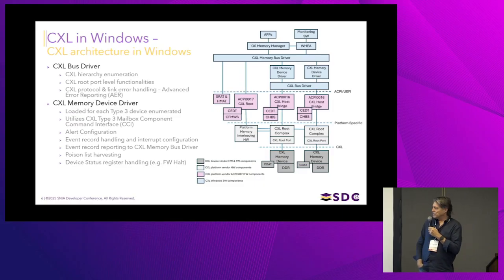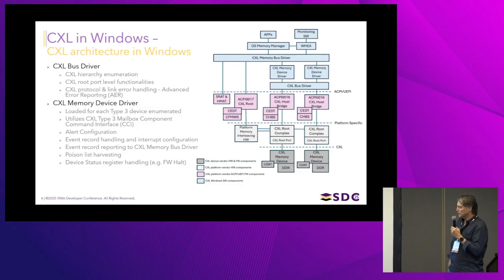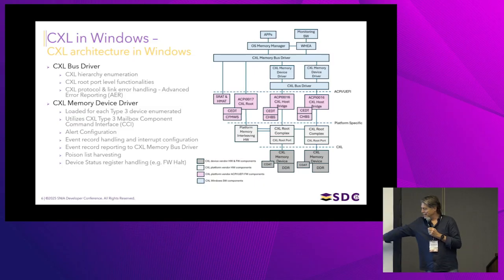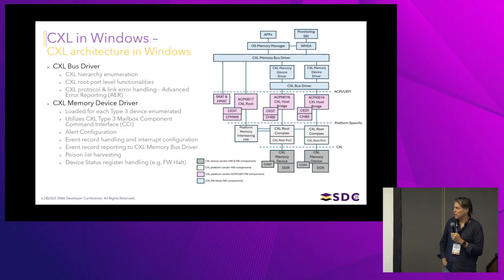The memory device driver is loaded for each type 3 device. This is type 3 only that we're talking about here. It is communicating to the memory device using the component command interface, or CCI, which is a fairly simple mailbox mechanism for sending requests and getting responses back.